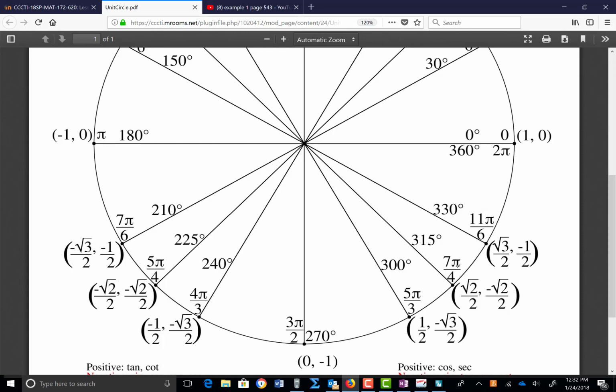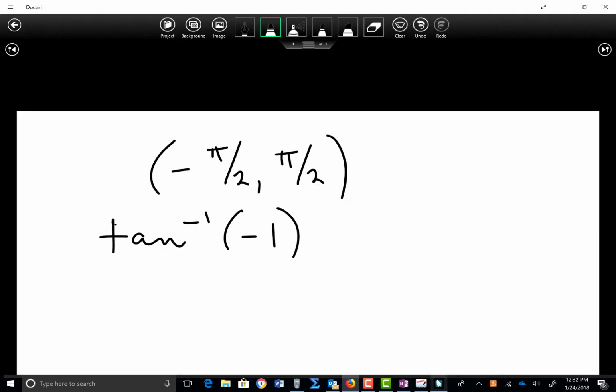So negative 45 degrees would be negative pi over 4. On that one, my answer would be negative pi over 4 if it had been a negative 1. So if you're trying to get the exact answers, you need to pay attention. You need to make sure you have in your notes the range for the inverse sine function, the inverse cosine function, and the inverse tangent function. And that is on page 542.